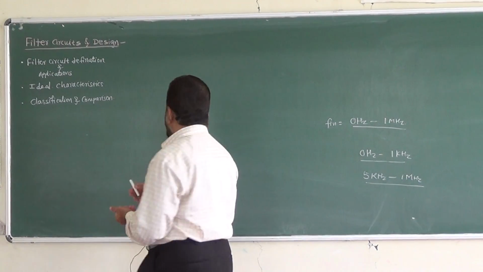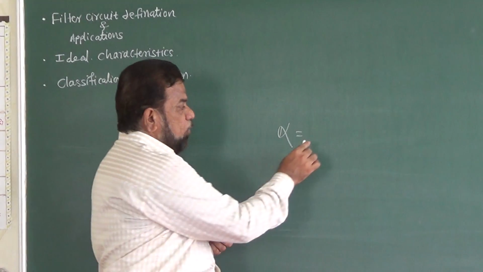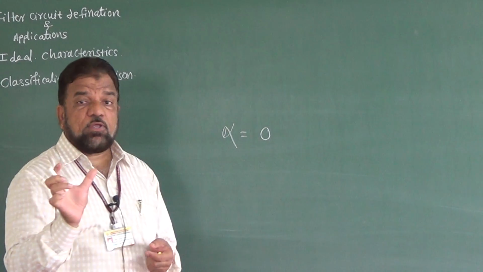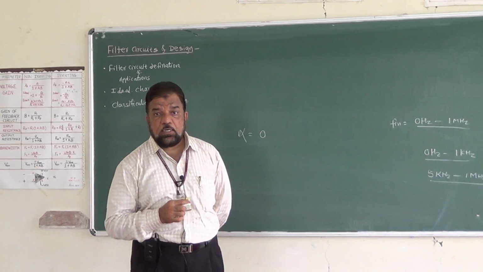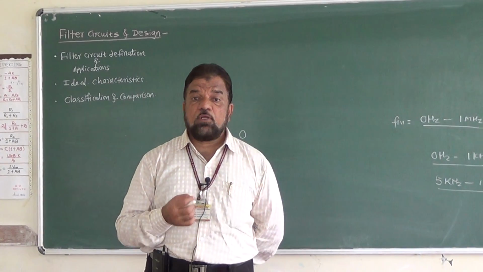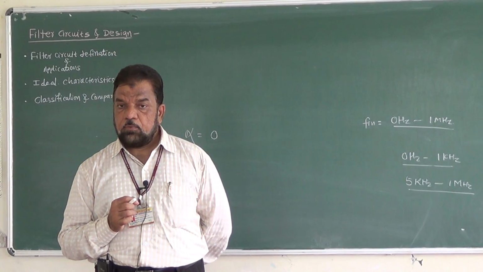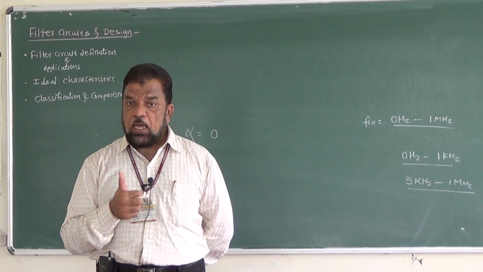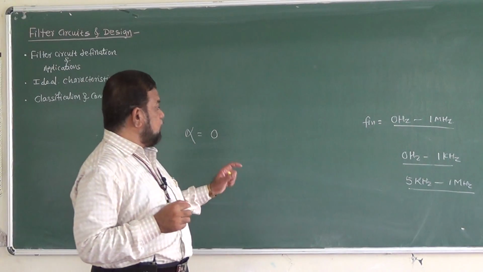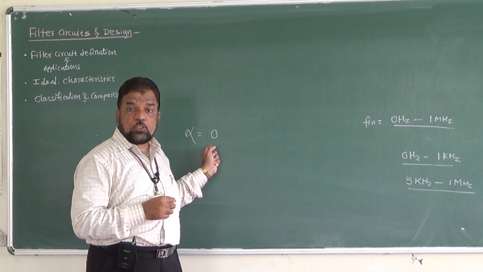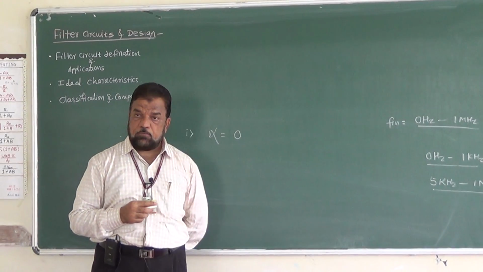When I am talking about the attenuation constant, say alpha, this alpha should be 0 for some frequency range. That frequency range we define as the pass band frequencies or a transmission band. I will repeat: a filter circuit having one range of frequencies where attenuation is 0 results in a pass band. So this is the first characteristic of an ideal filter.